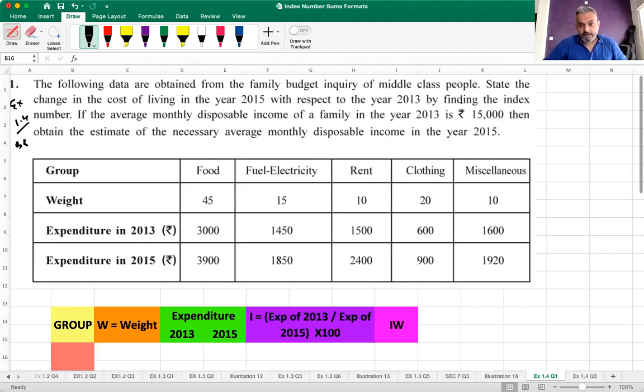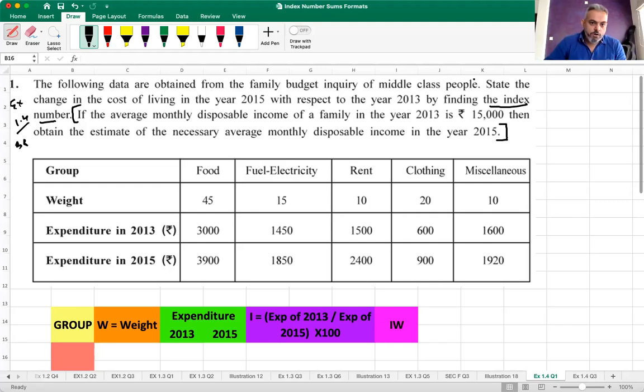So the first thing is we have to find the index number. If the average monthly disposable income of the family in the year 2013 is 15,000, then obtain the estimate of necessary average disposable income for the year 2015. Later, we will see this. We go to the first step, that is, we find out the index number.